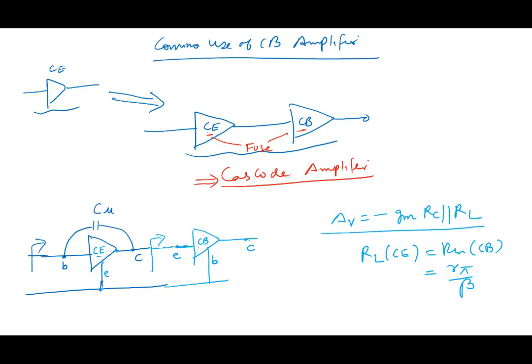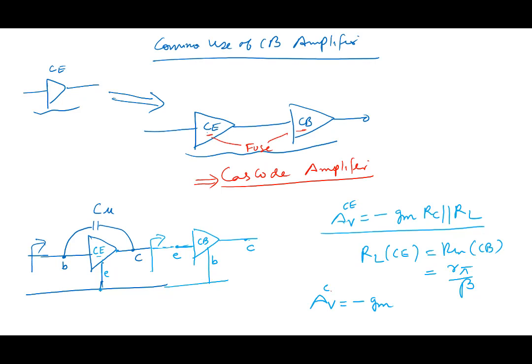So when I connect the common emitter to the common base like this, what happens to the gain of the common emitter stage? AV of the common emitter becomes minus GM, and RL is so low, R pi by beta, so RC doesn't matter. So it's basically equal to R pi by beta, and this is nothing but equal to minus 1.